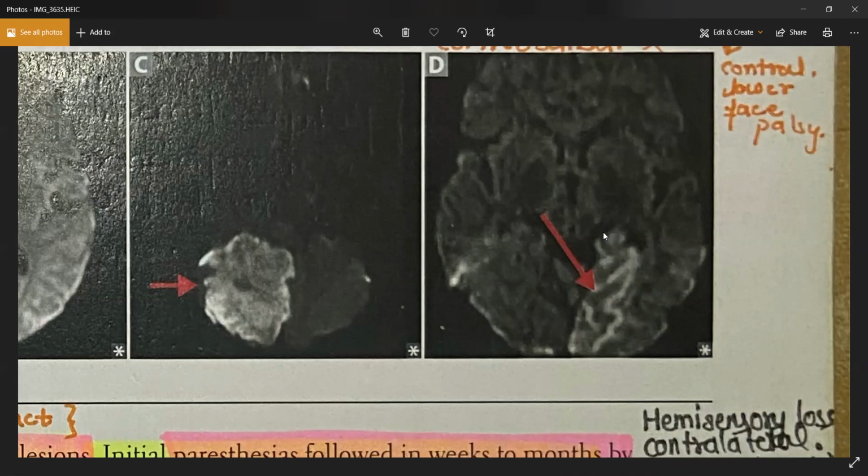Only by touching them will he know that this is him. If you bring a phone in front of them and ask them to identify it, he cannot do that. But if he touches a phone, he will know that this is a phone. So yes, visual agnosia can also be there in case of PCA.